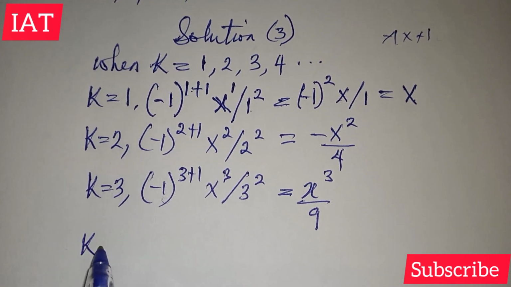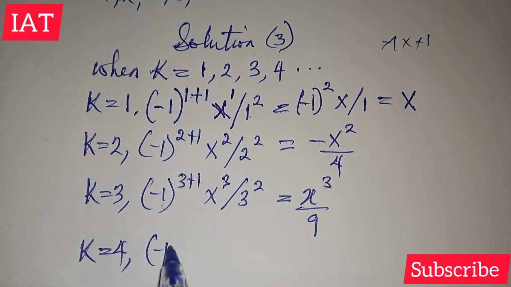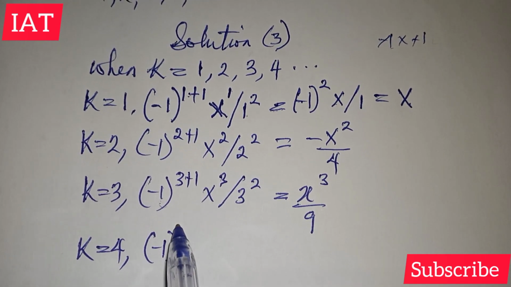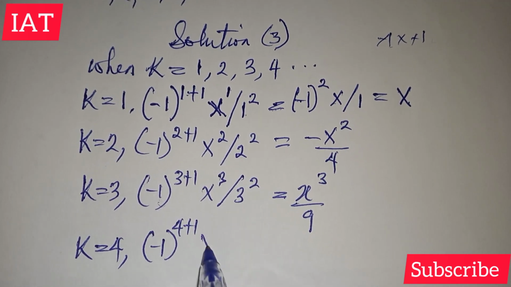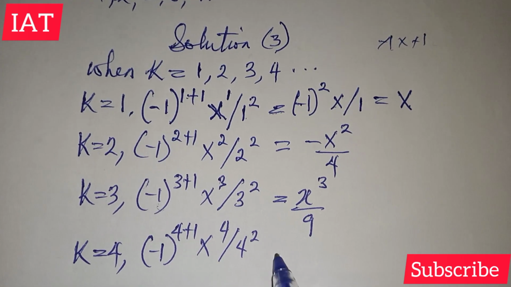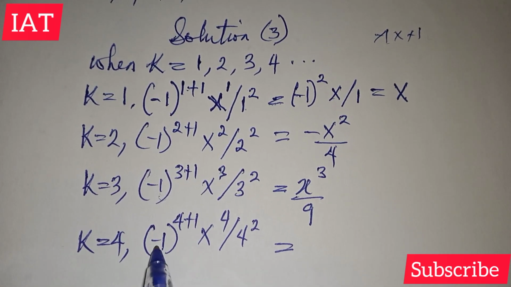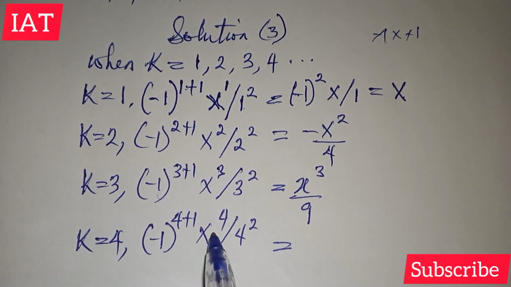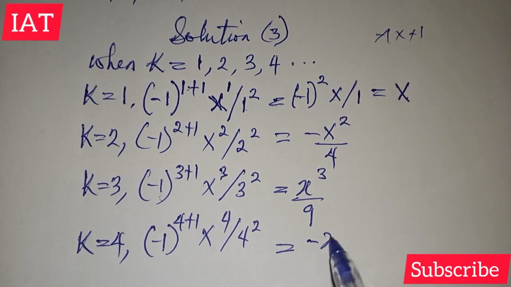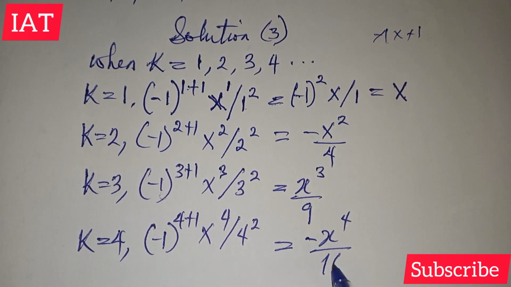Then let's stop at k equal to 4, because even if we continue, we can't finish it. So we have 4 plus 1, x to the power of 4 all over 4 squared. And this will give us minus 1 to the power of 5, which is minus 1, times x to the power of 4, is minus x to the power of 4 all over 4 squared, which is 16.